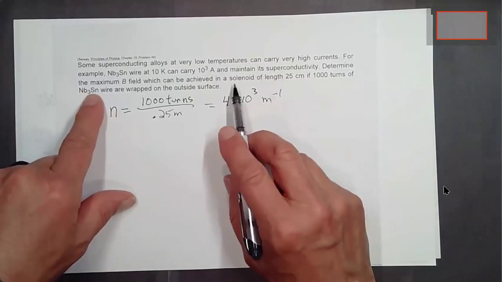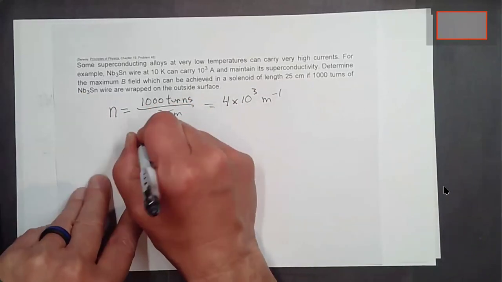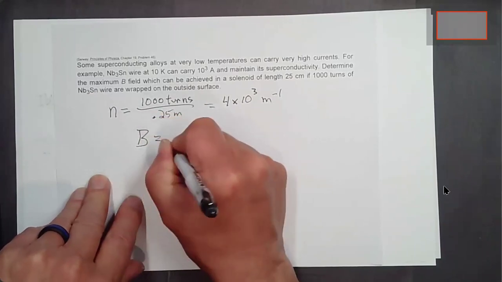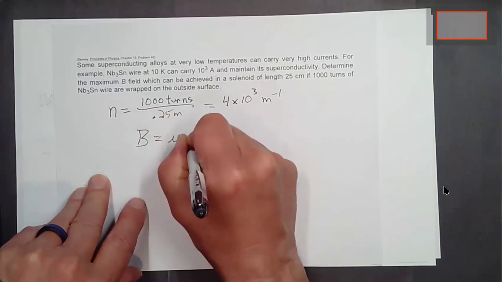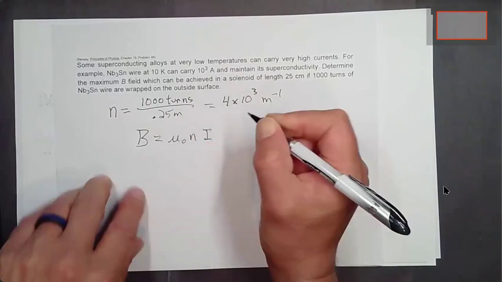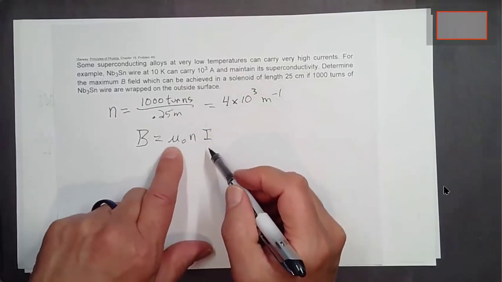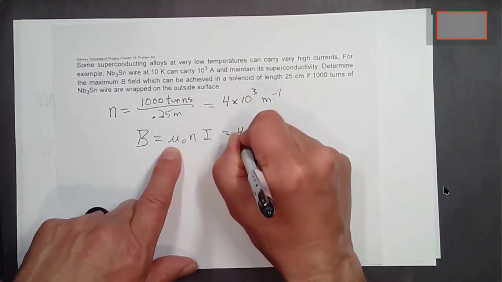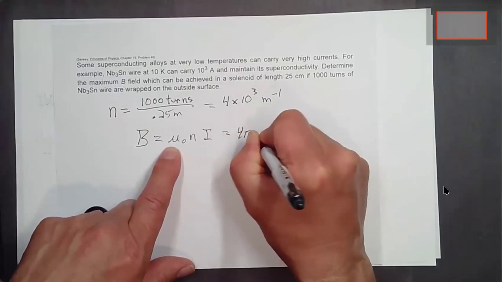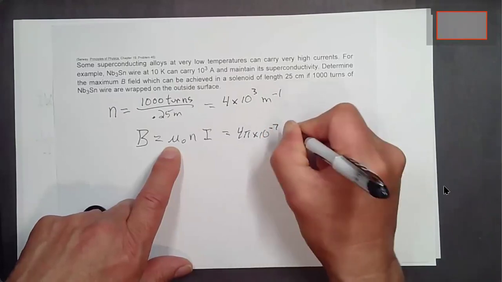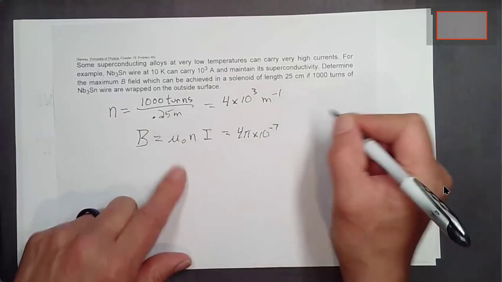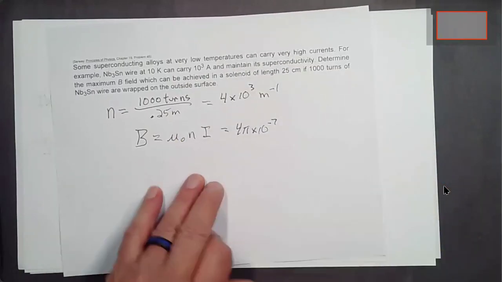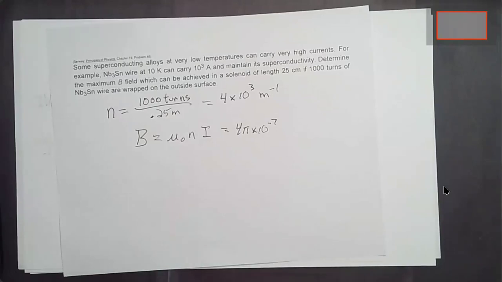Let's see, maximum B field. Well, B is just going to be mu naught times N times I. It's a solenoid, and that's the magnetic field of a solenoid. So we would have 4 pi times 10 to the -7th, and now I forgot what the units on that were.